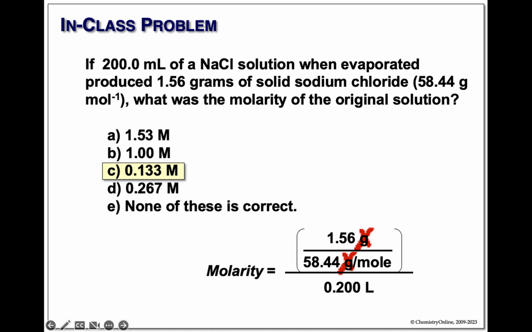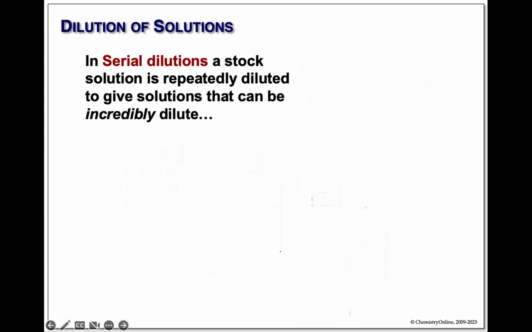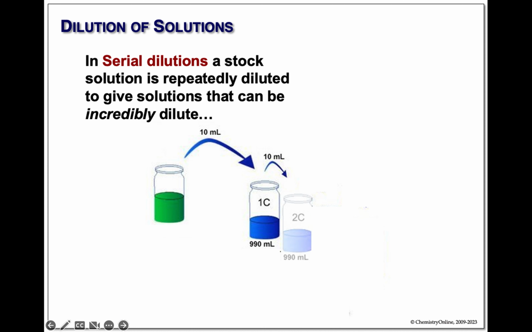All right, our last topic here is dilutions. So we have a solution, we add water. We get a different concentration, don't we? There are two types of dilutions that we typically do in chemistry. One is called a serial dilution.